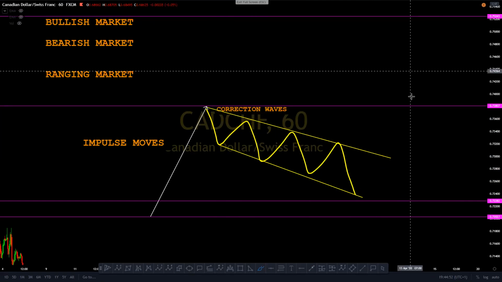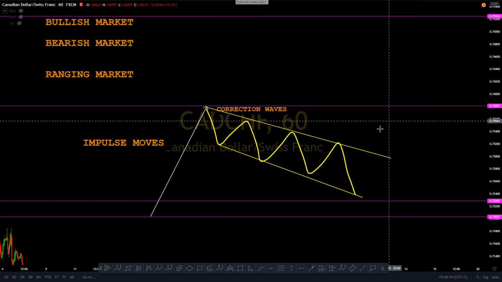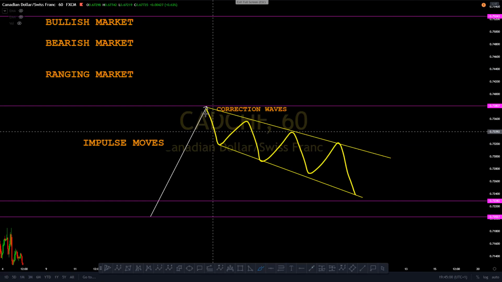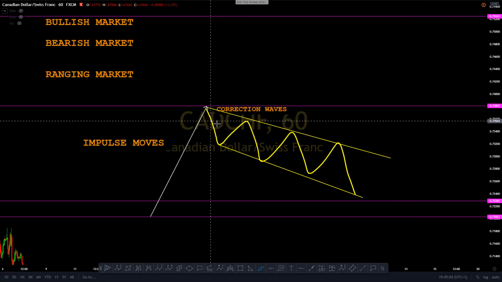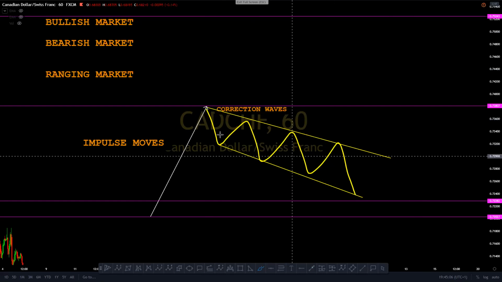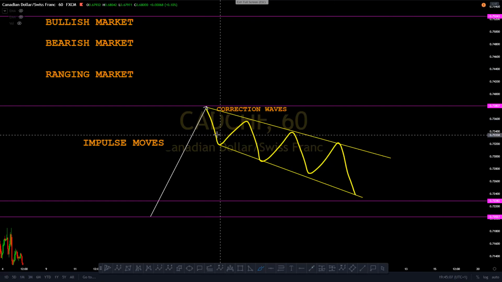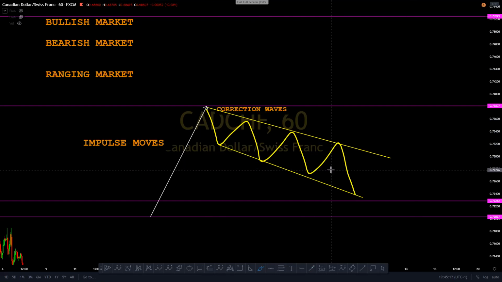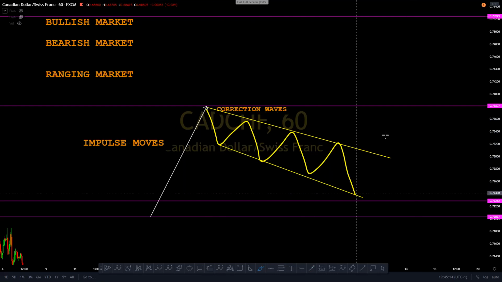So I think the best way is to wait for the breakout, because price action traders normally call this kind of structure a flag continuation pattern. You understand? So you wait for the break.